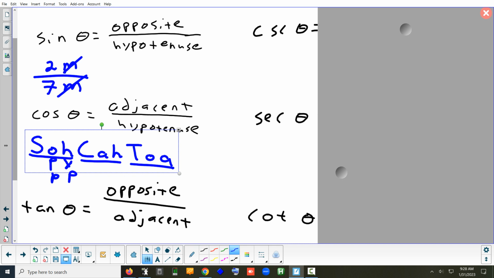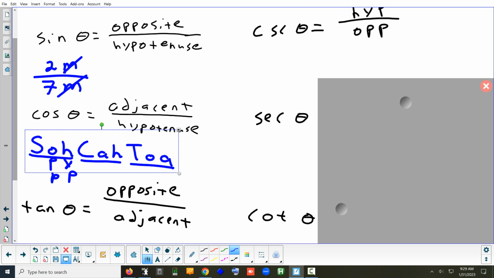So based on the fact that sine and cosecant are reciprocals, what do you think the formula for cosecant is going to be? Yeah? Hypotenuse over opposite. Yep. I just abbreviated.